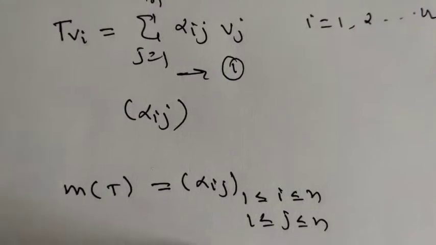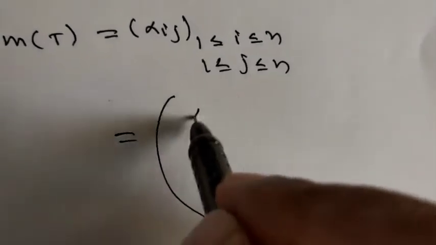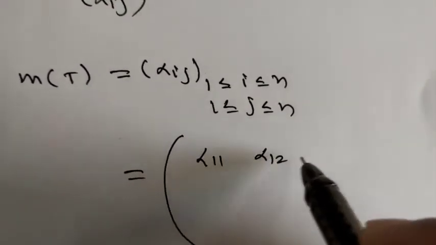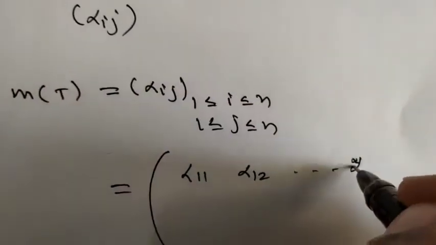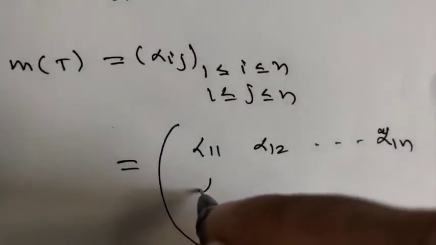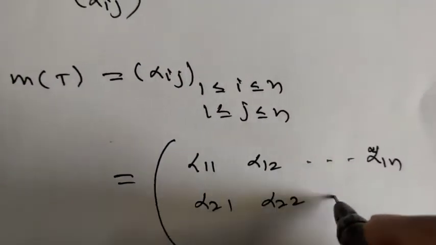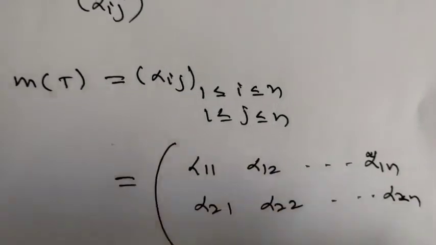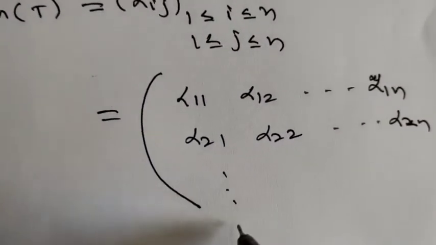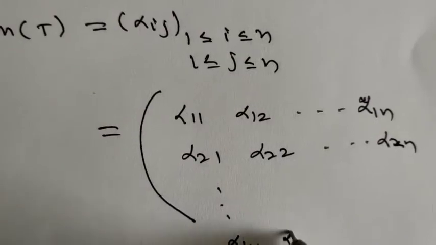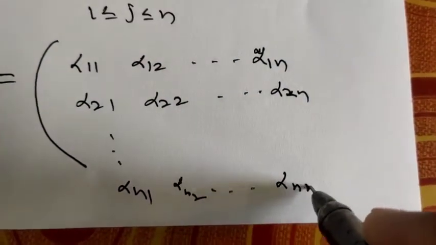Or simply this can be written as alpha 1 1, alpha 1 2, etc., alpha 1n, and alpha 2 1, alpha 2 2, etc., alpha 2n, and so on, alpha n1, alpha n2, and so on, alpha nn.